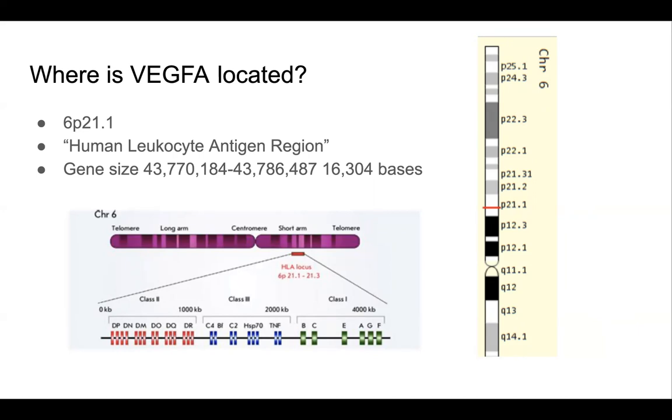And it's a part of the HLA locus, which is just a spot in the human genome where a lot of the antigens, immune system responses are manufactured. So there's 3 specific spots for the HLA, which would be the 6p21.1, 21.2, and 21.3. And you can see exactly where it's located in these 2 pictures here.